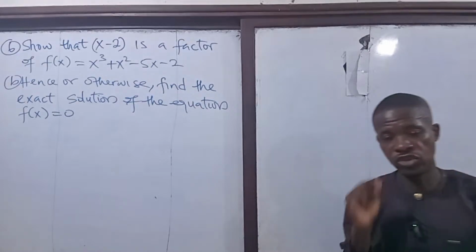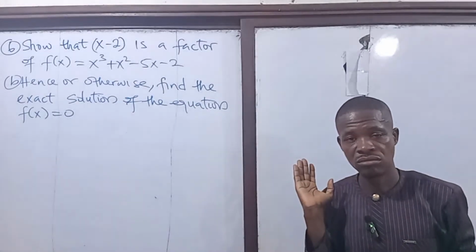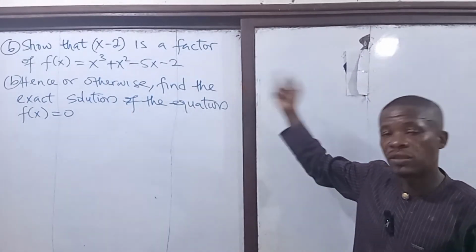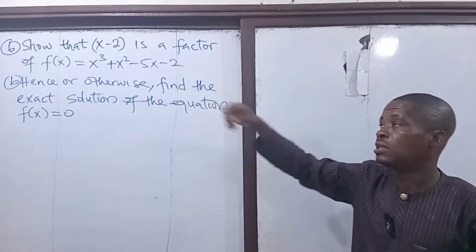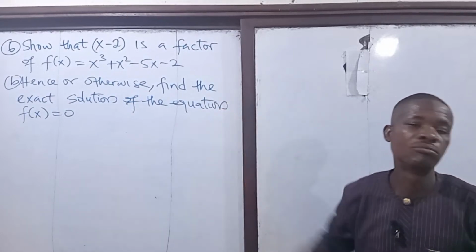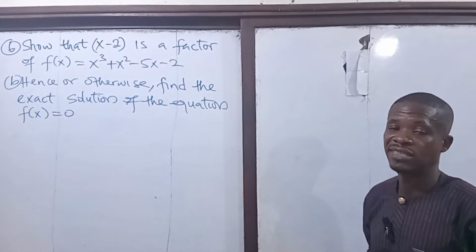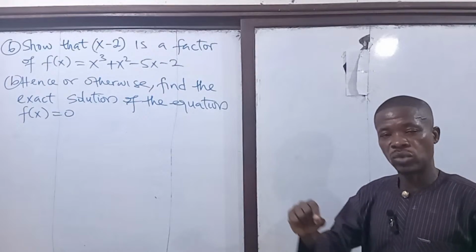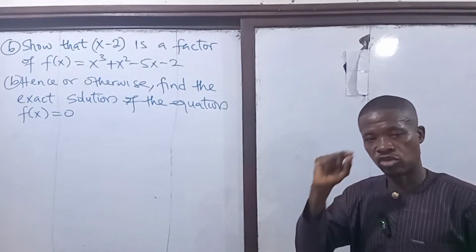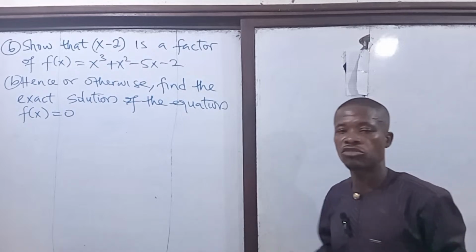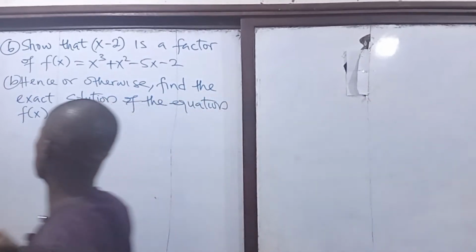That will call for the use of a long division. They're not asking for the remainder. If they were asking for the remainder, we could have substituted x equal to 2 in the given polynomial expression. But in this case, we are informed to show that x minus 2 is a factor.